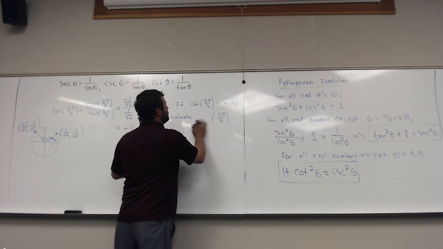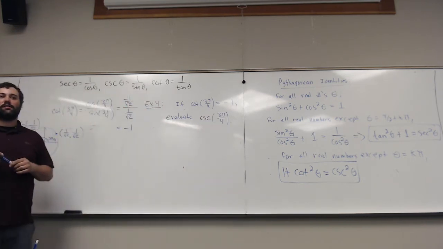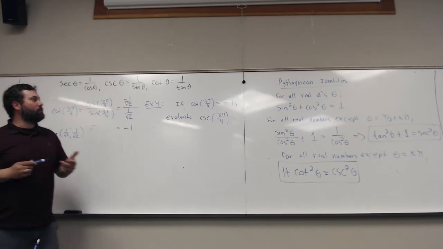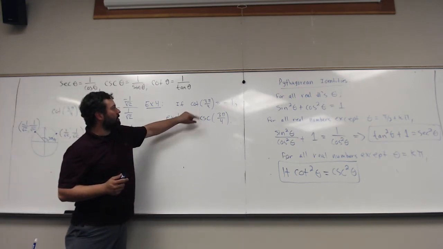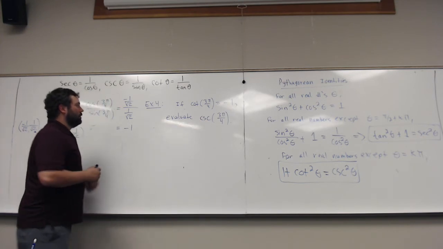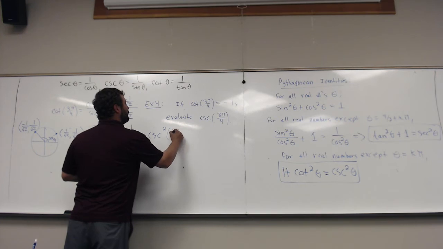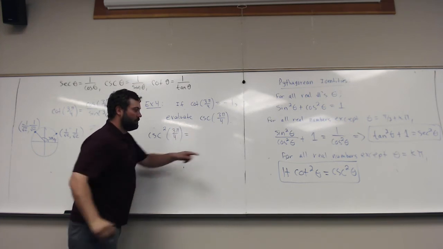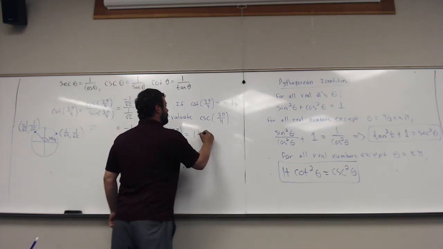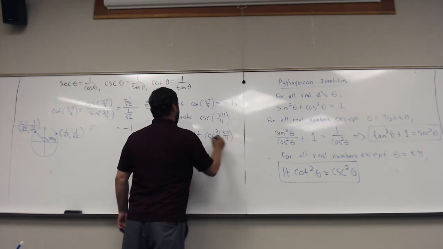Okay, so that's just my bad. Just cross off the secant and write CSC. I'm supposed to be using the Pythagorean identity that involves cotangent and cosecant. Now, cosecant squared of 3 pi over 4, using this identity down here, is going to be 1 plus cotangent squared 3 pi over 4.